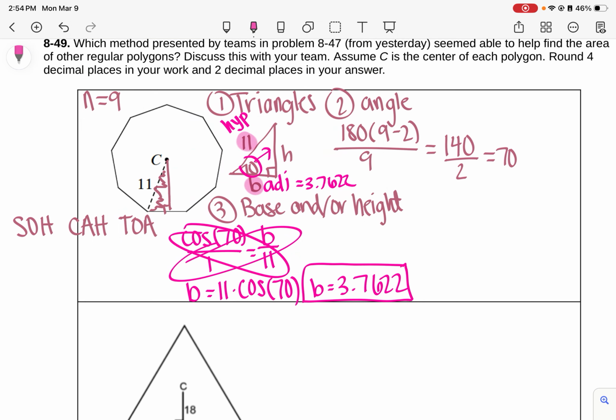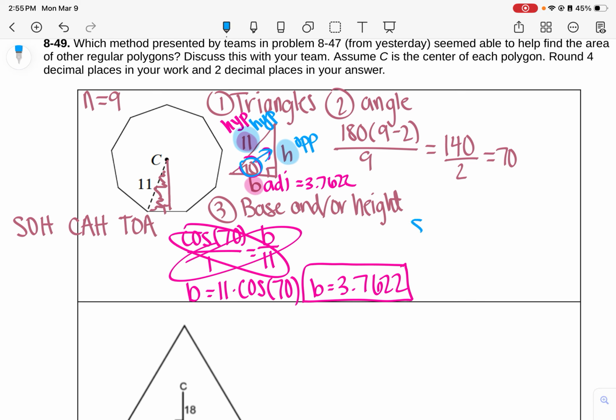Okay, then I'm going to find h. I'm going to use a different color just so you can see what's going on. I'm looking for h. I'm going to use that 11 again. You could use this side with trig or Pythagorean theorem, but I'm going to use numbers that aren't rounded and try to get the most accurate answers. It would be okay if you had used that number though, but in mathematician land that wouldn't be okay. So we know that for this situation the height is opposite, and I'm using the 11, so that's hypotenuse. So O and H is going to be sine.